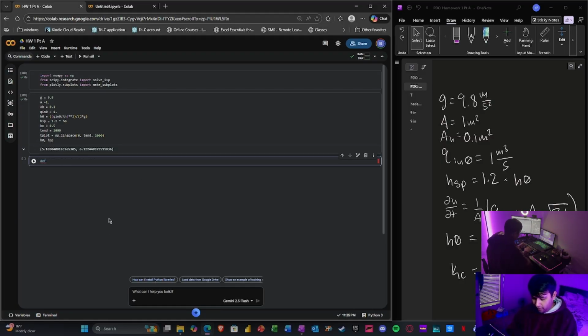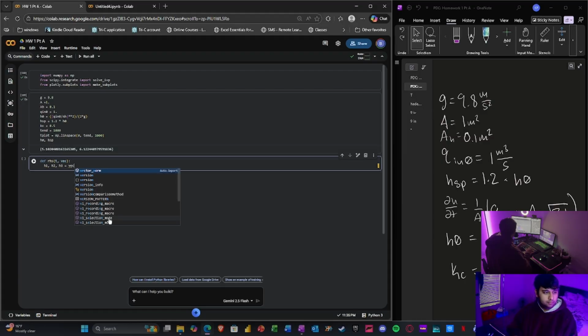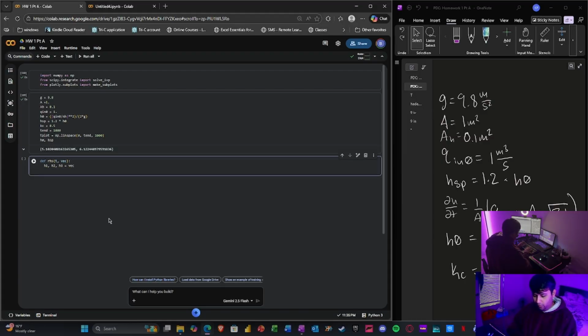And then we're going to define our right-hand side, which is time and vector. I don't like that space. And basically our vector is our heights, as I mentioned. And then we're going to move on to our outlet flow rates, which is essentially just this portion right here.